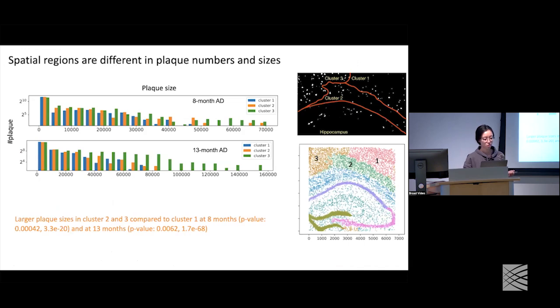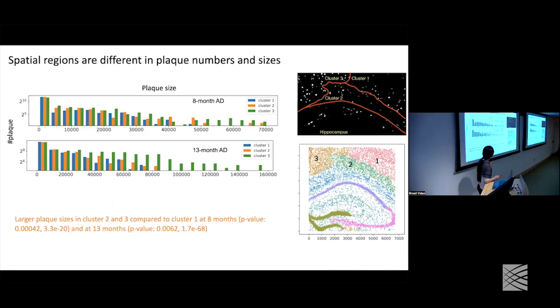So first, I want to show that the different regions in the brain that we identified actually correspond to the disease progression. So on the top right, when you see how the three clusters divide the space in the cortex, you can already see that cluster 1 corresponds to regions where there's less plaque, and the plaques are the things that are in white.